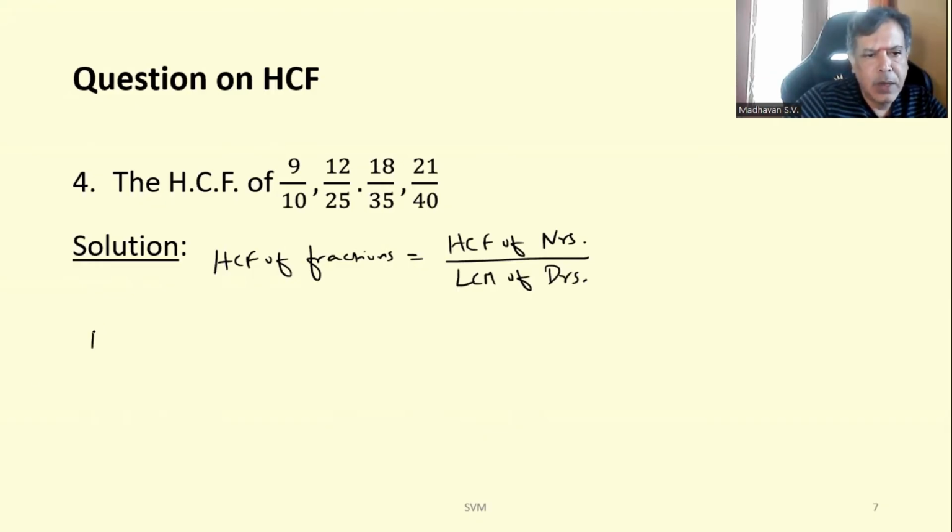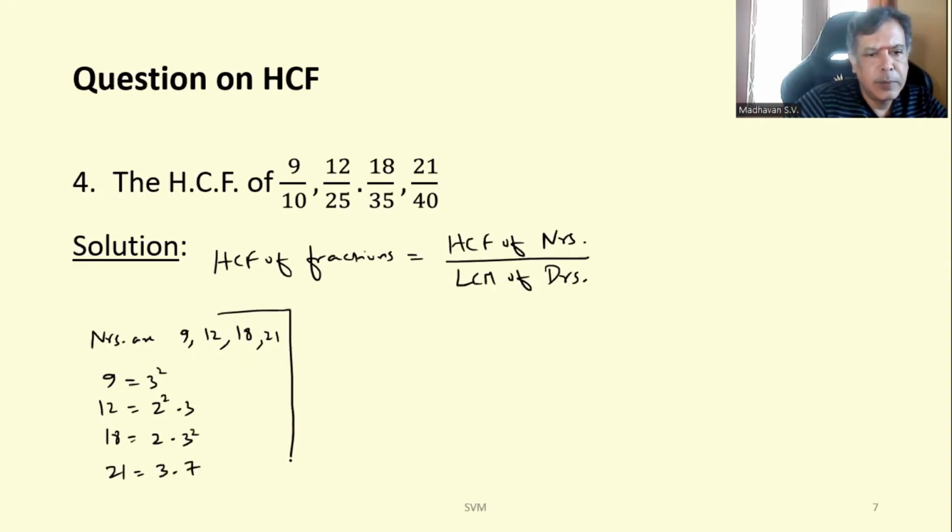Now the numerators are 9, 12, 18, 21. So 9 can be written as 3 square. 12 can be written as 4 into 3, 4 means 2 square, so 2 square into 3. 18 is 9 into 2, 9 is 3 square, so 2 into 3 square. 21 is 3 into 7.